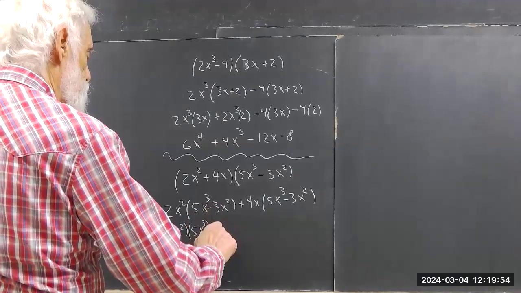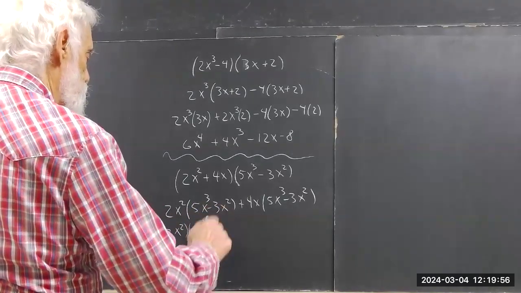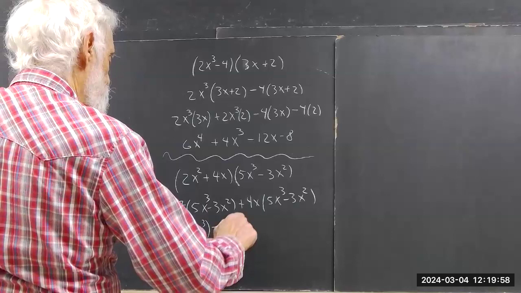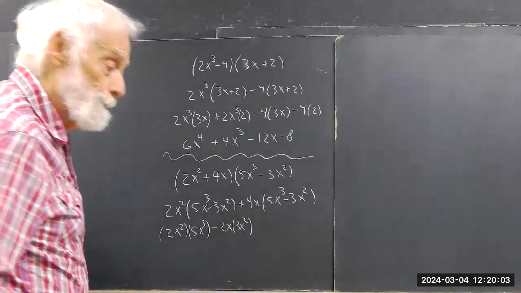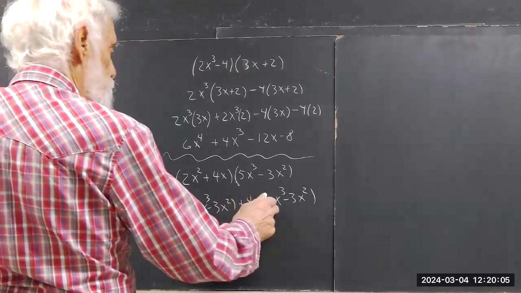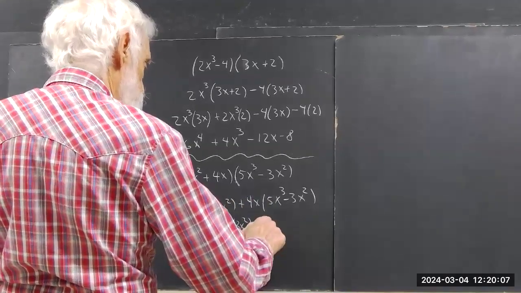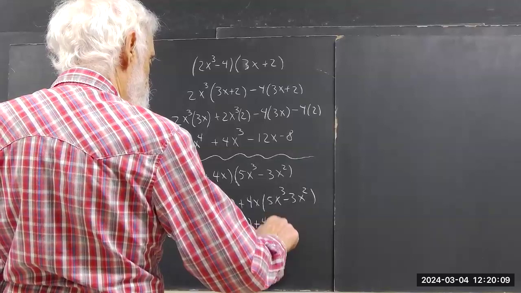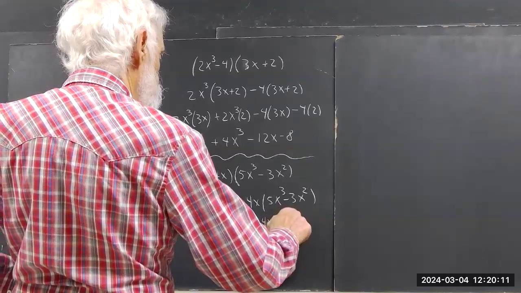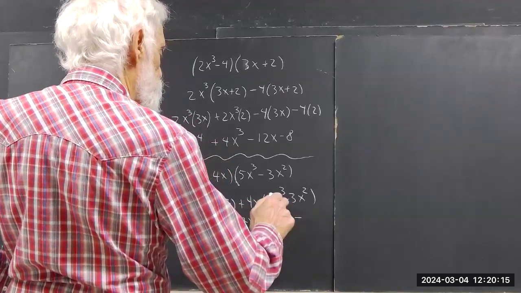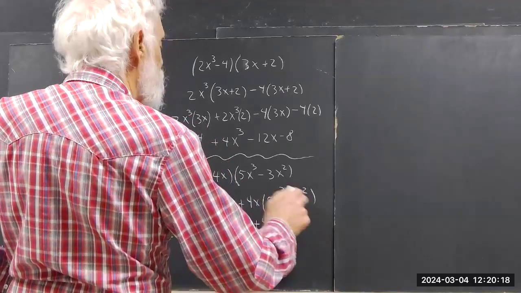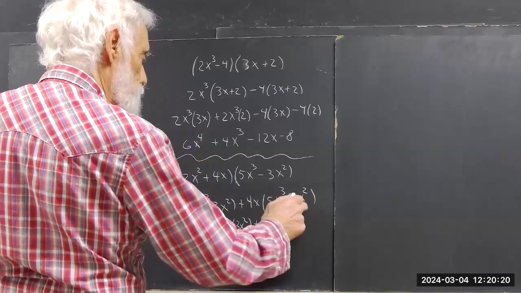Then you have a minus here, so it's going to be minus this times this, minus 2x times 3x squared. Okay. And then 4x times 5x cubed. Then it's 4x times something minus something. So on this one, it's going to be minus 4x times 3x.